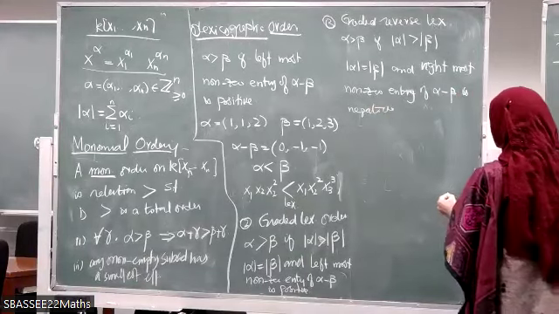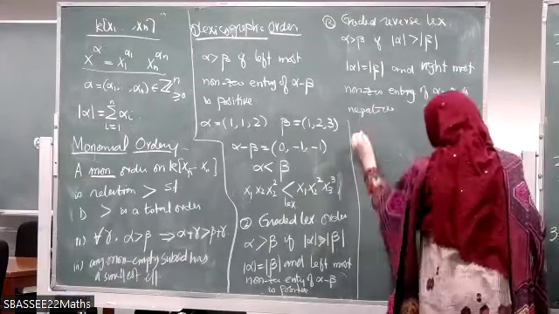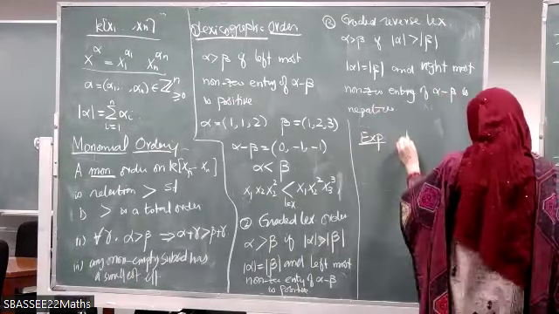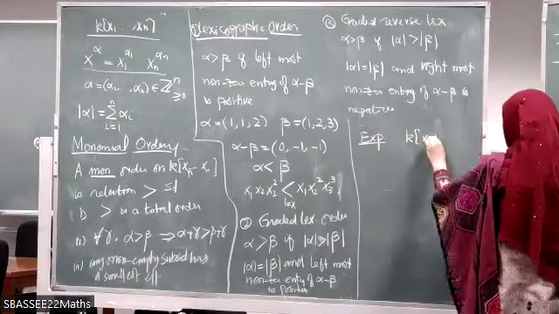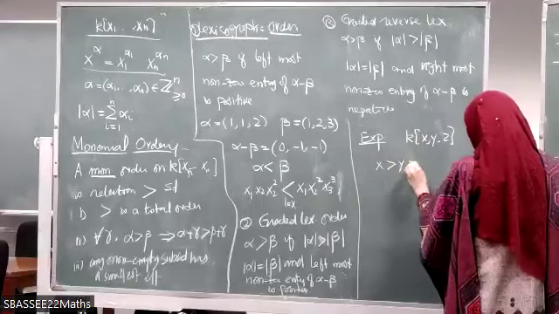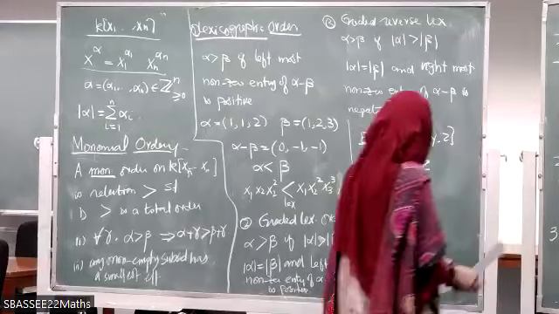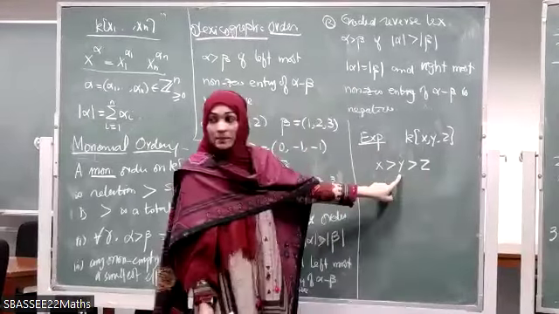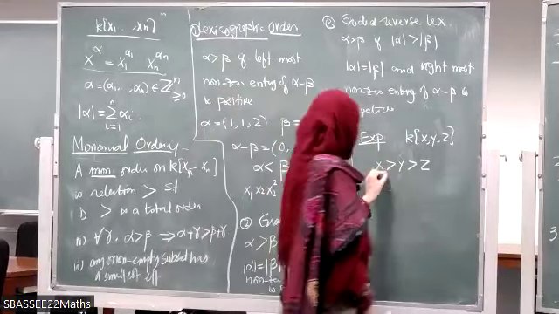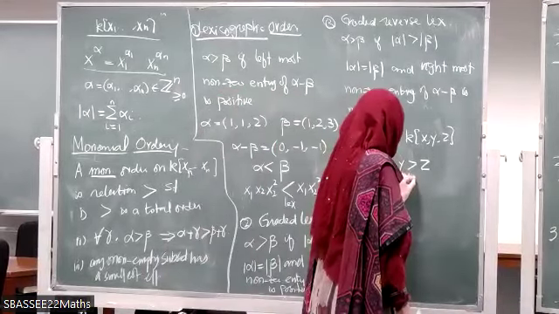Right? So let's see more examples here. Let's consider this x, y, z. And here you can see that this is true because this is 1 0 0, this is 0 1 0, and this is 0 0 1. So by lexicographic order, they are in this relation.